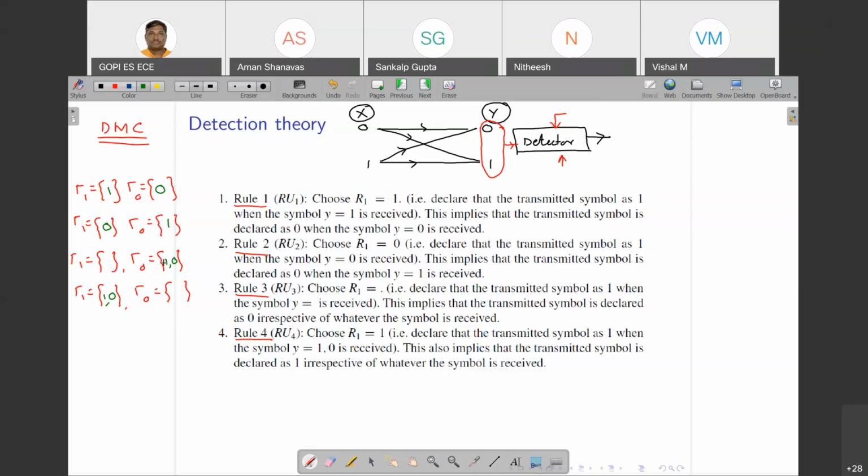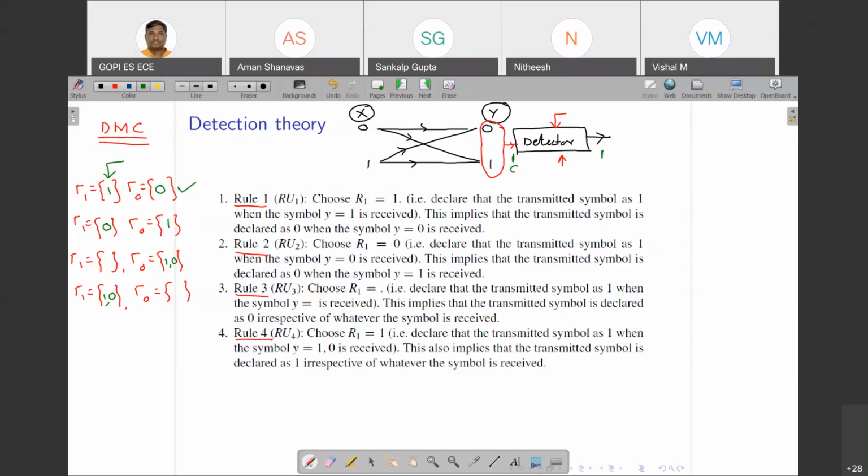What does it mean? In the first case, the detector makes no change to whatever it receives. If what you observe is 1, and you are in gamma 1, you decide that what was transmitted is 1. If the input to the detector is 1, the detector says 1.